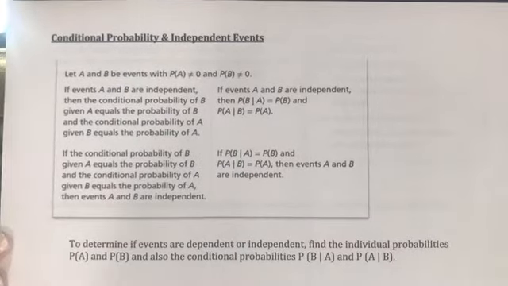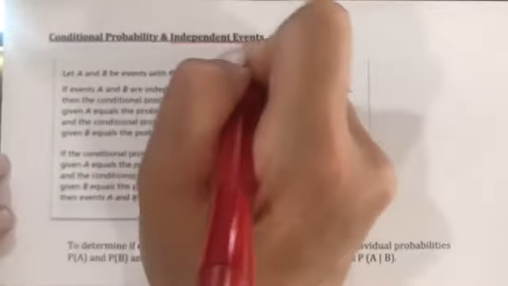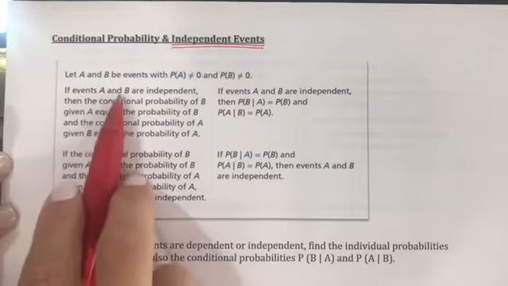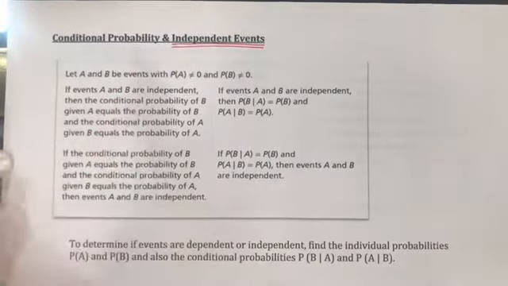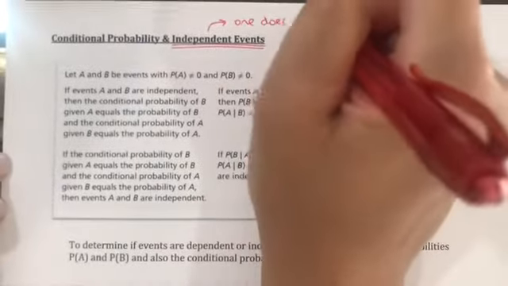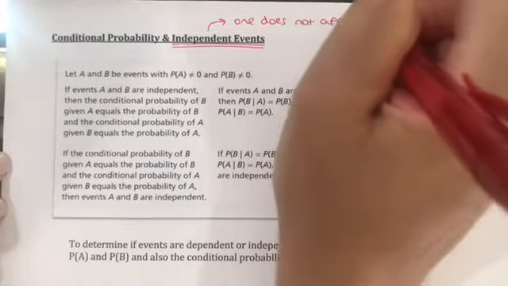All right, so let's jump to the next page. This little section just summarizes what we just talked about. And it also talks about independent events, which we will clarify right now. If events A and B are independent, remember that means one does not affect the other.